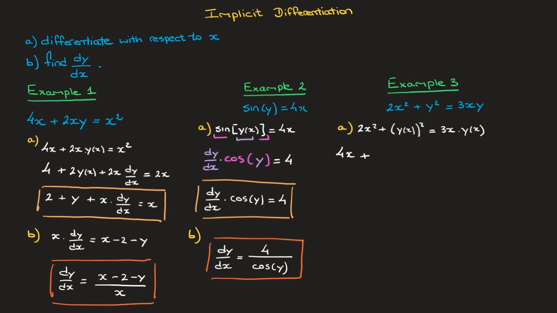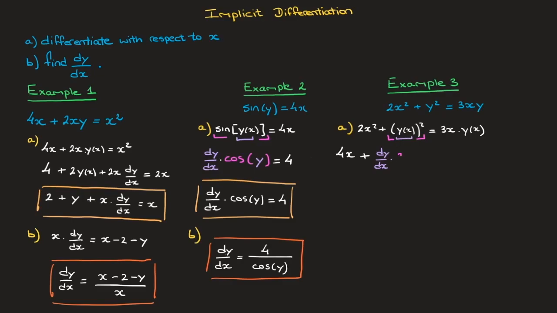x) squared. Well, just as in the previous example, if we think of y of x as the inner function and the square function as the outer function, then when we differentiate this, we should get the derivative of the inner function, which will just be dy/dx, times the composite function made of the derivative of the outer function, whose inner function is just y of x.